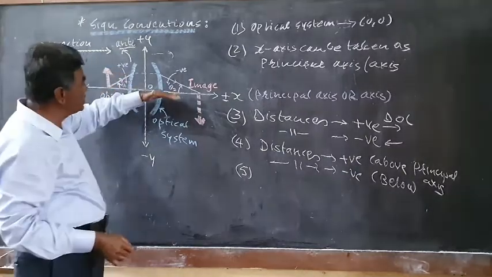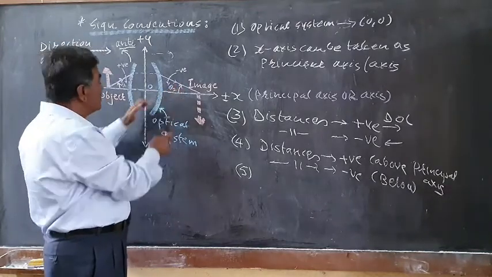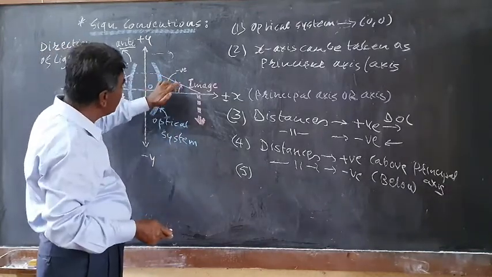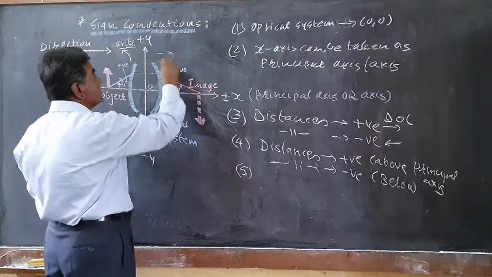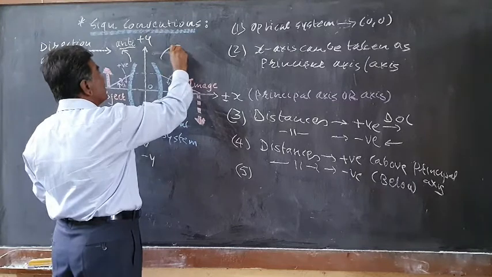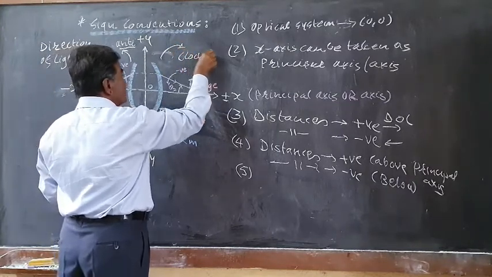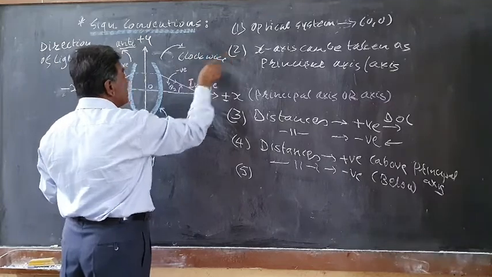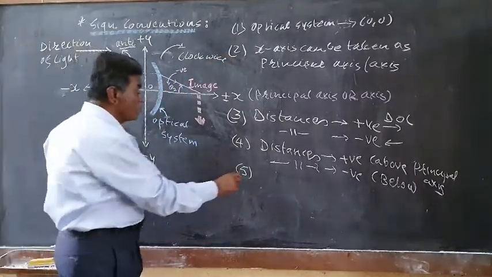While if the axis is rotated through an acute angle to make it coincide with the refracted ray in the clockwise direction, then this angle can be taken as negative. So this is the sign convention for the angle.